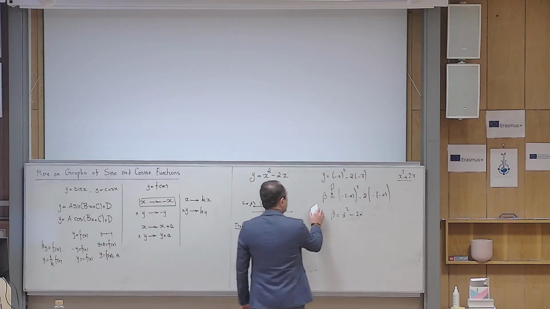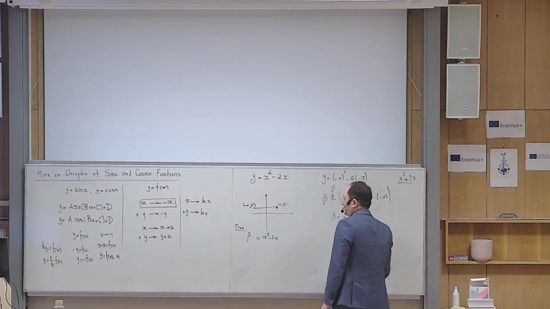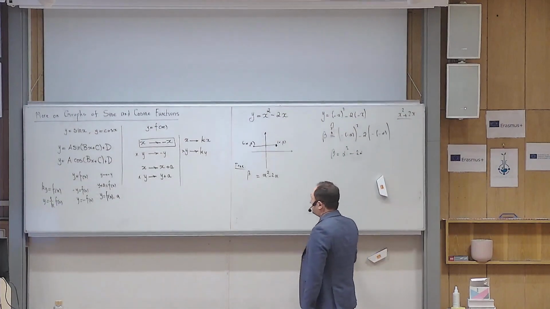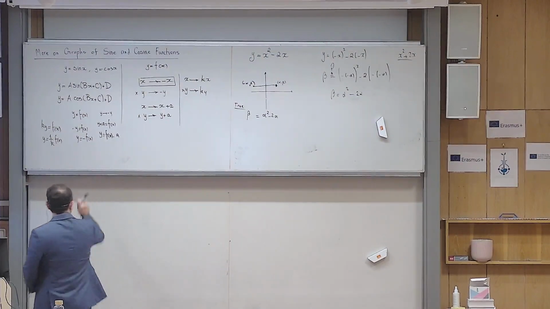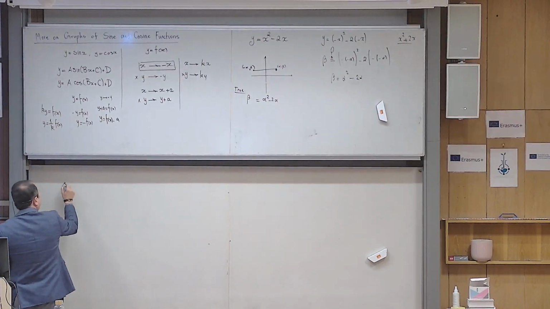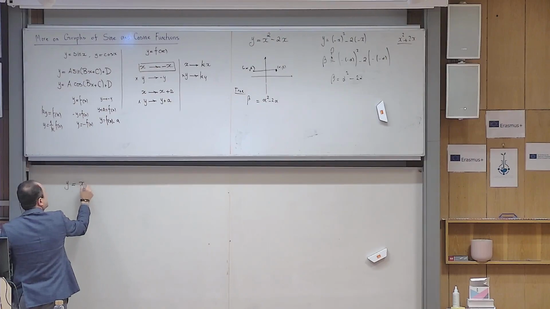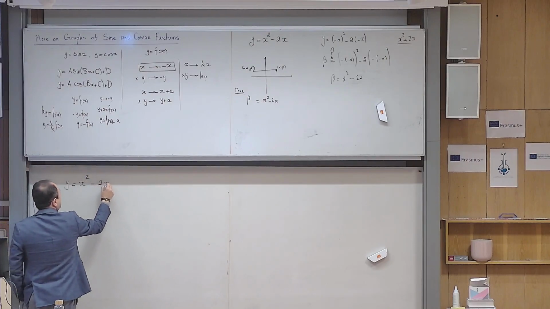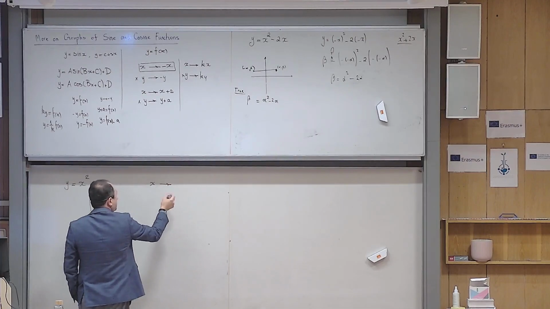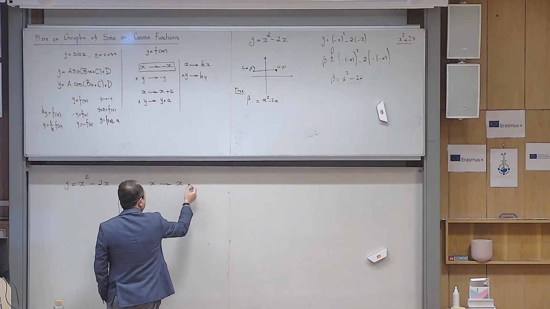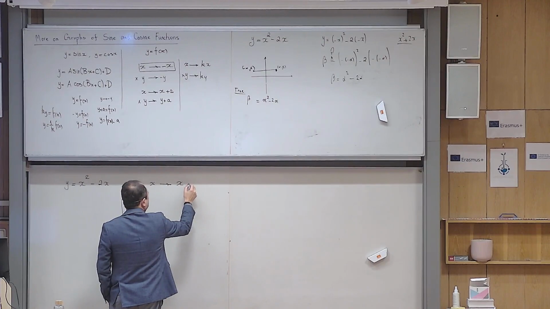I want to ask your intuition about that first, and then we do it on GeoGebra. Again, let us consider the same function, y is equal to x squared minus 2x. Let us say that I take x and replace it everywhere with x plus 2.